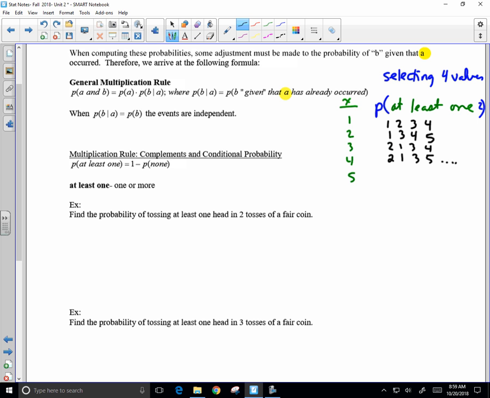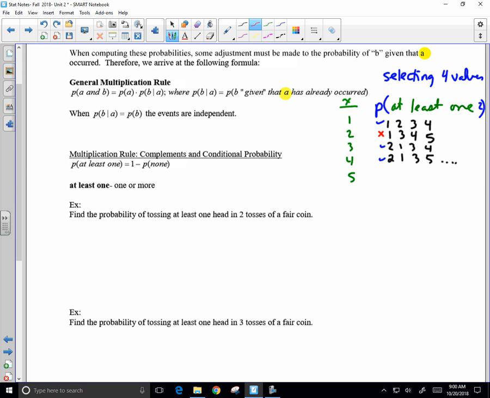So a whole bunch of possibilities. A way to handle it, I mean, if you're ever in a jam, you could list out the sample space if it's not too large, but I'm looking for any case that has a 2 in it at least somewhere. At least one of those numbers has to be a 2. That happens so far here, here, and here. It does not happen in this one. I don't have a 2 in there anywhere.